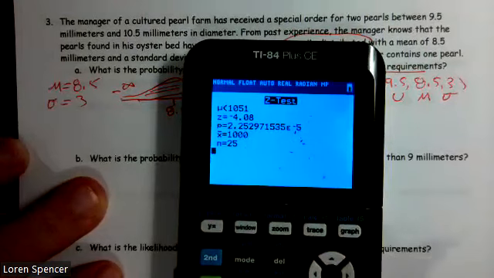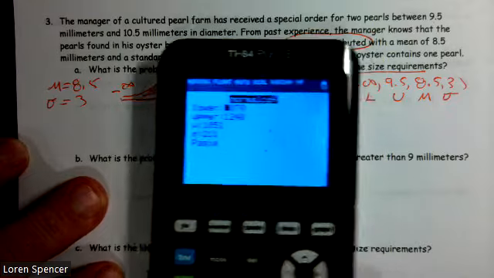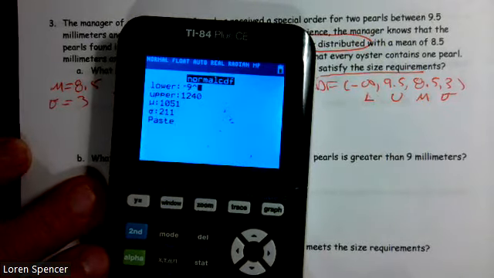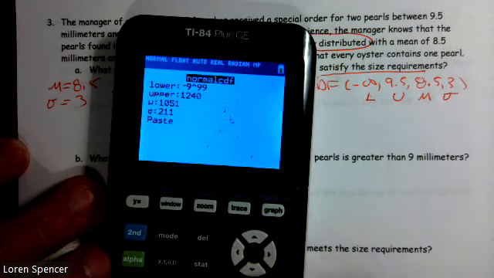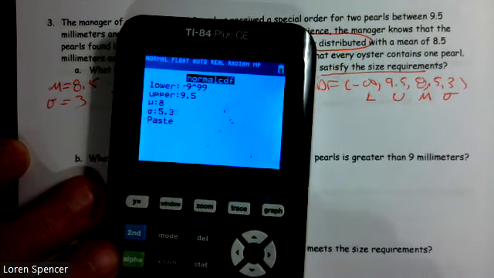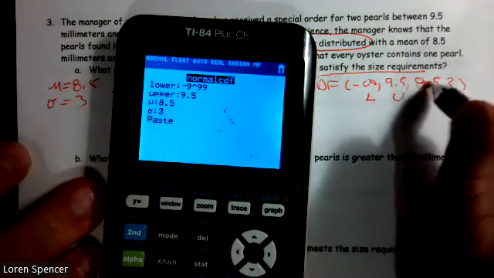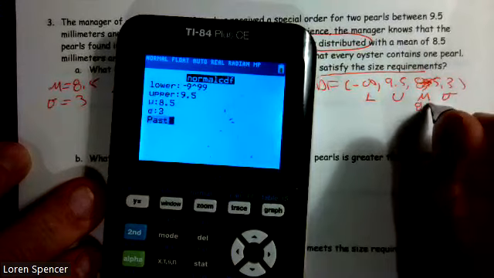We're going to go to the calculator and drop that in there, second vars, normal CDF, lower, -9 raised to the 99th power, upper 9.5, mean is 8, standard deviation 5.3. Make sure that's a comma. Oh, excuse me. That's what was wrong. That's 8.5. The mean was 8.5 and the standard deviation is 3.